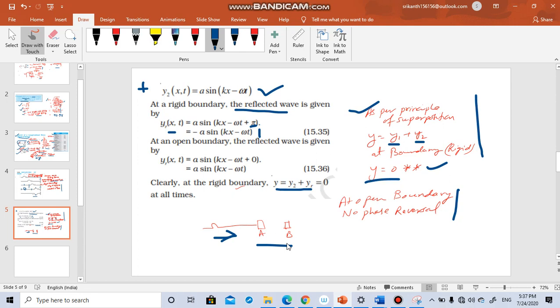That type of boundary we are going to call an open boundary. The earlier case was a fixed boundary, like a wall. When you hit a wall with a ball, the wall is not going to shift. But if you hit a cardboard, the cardboard is going to shift. I'm trying to say it in simple layman language. So in the case of an open boundary, there is no phase reversal. Only in the case of a rigid boundary is there a phase reversal.